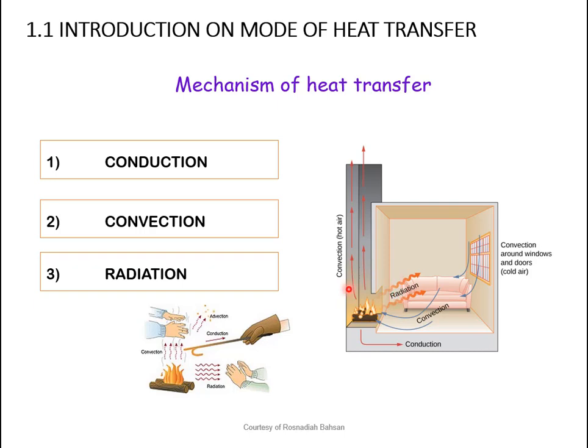And then convection. As you can see here, why is it convection? Because the hot smoke will be flowing through this channel. So that is convection. As I mentioned before, convection only happens when there is a moving fluid.